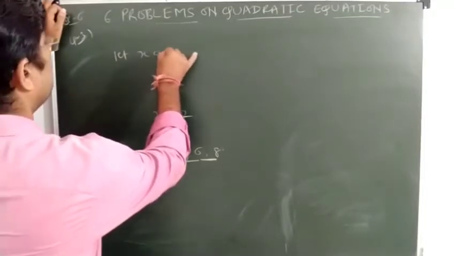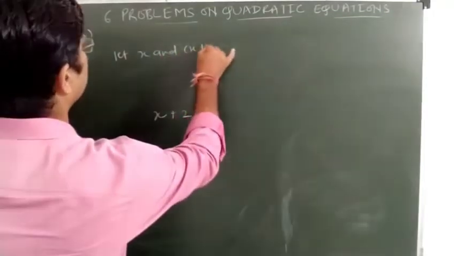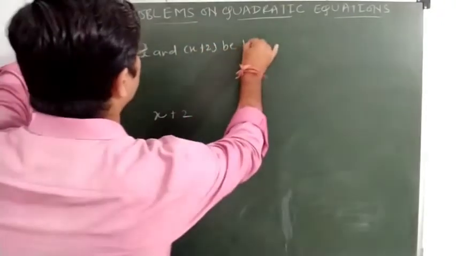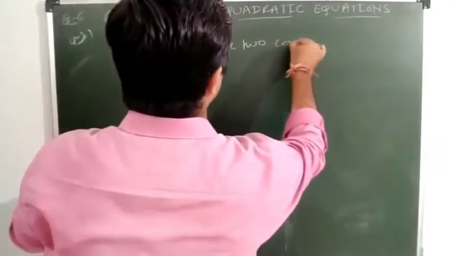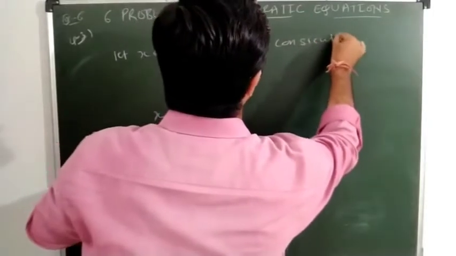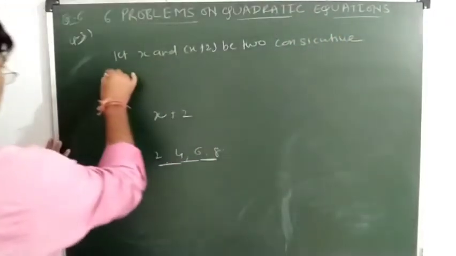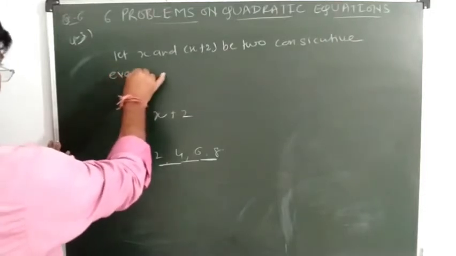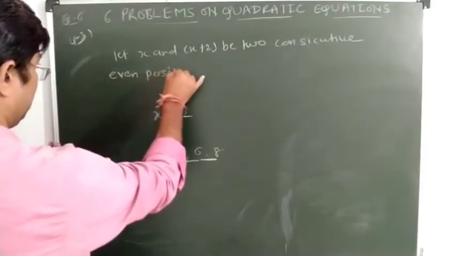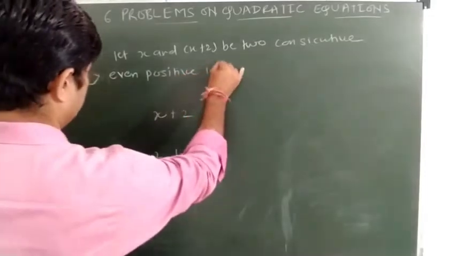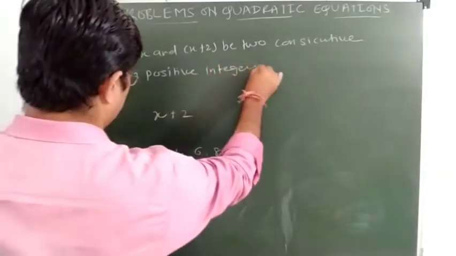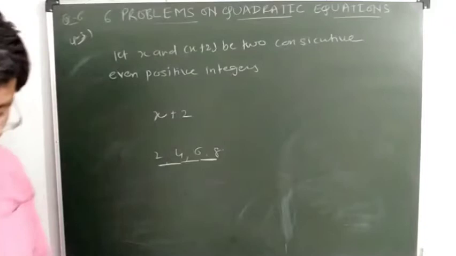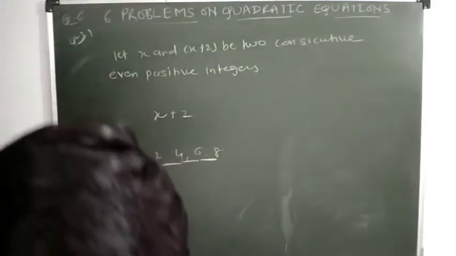So let x and x plus 2 be two consecutive even positive integers.